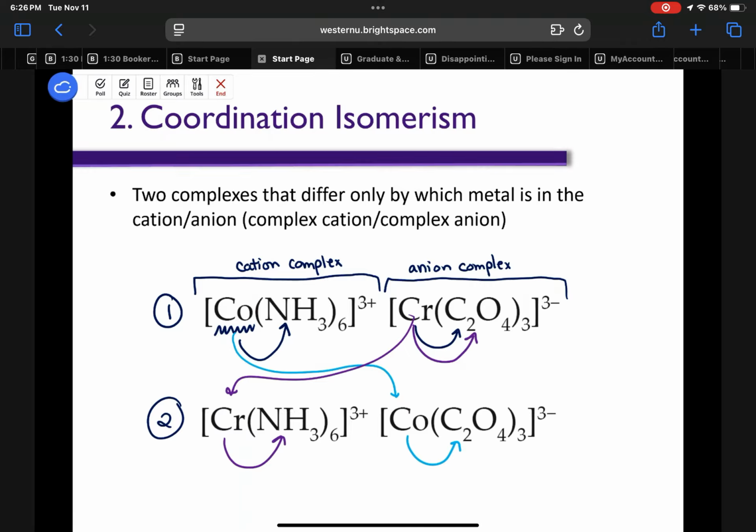So we can only really do this when we have a cation complex, an anion complex, and the metals trade places. And this makes for a pair of coordination isomers. So we still have a cation complex, an anion complex, but we've swapped what is coordinated between those two isomers.